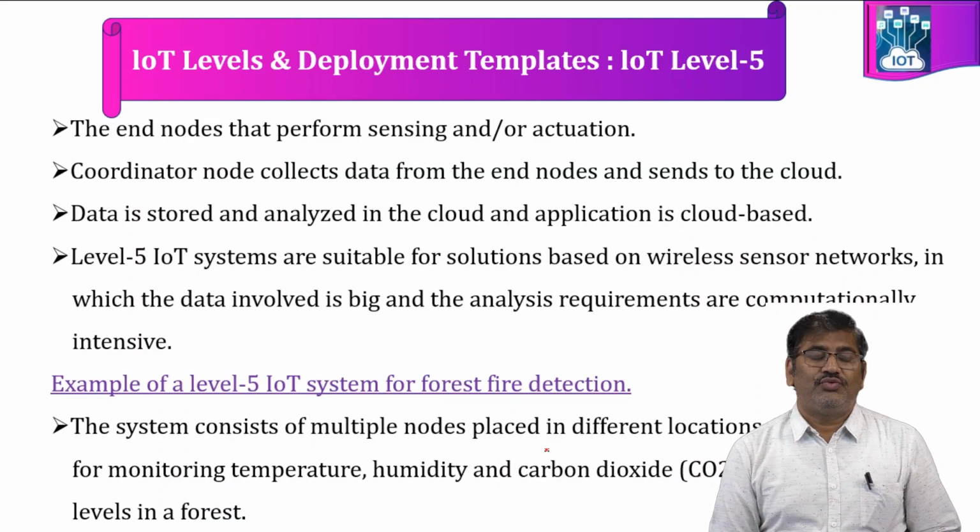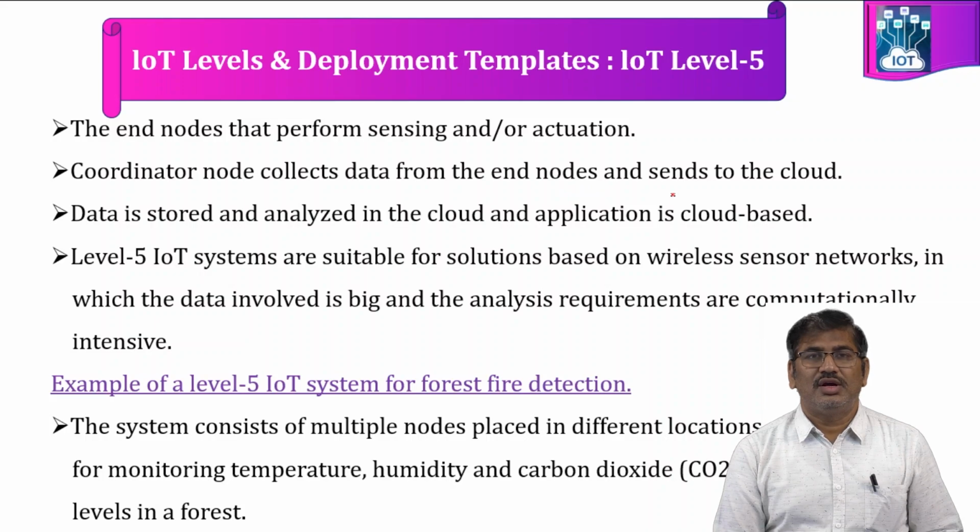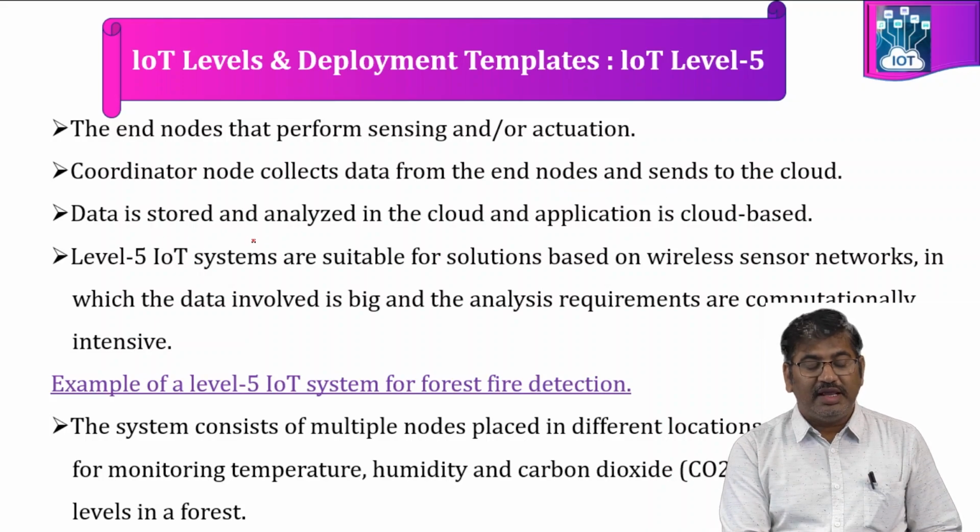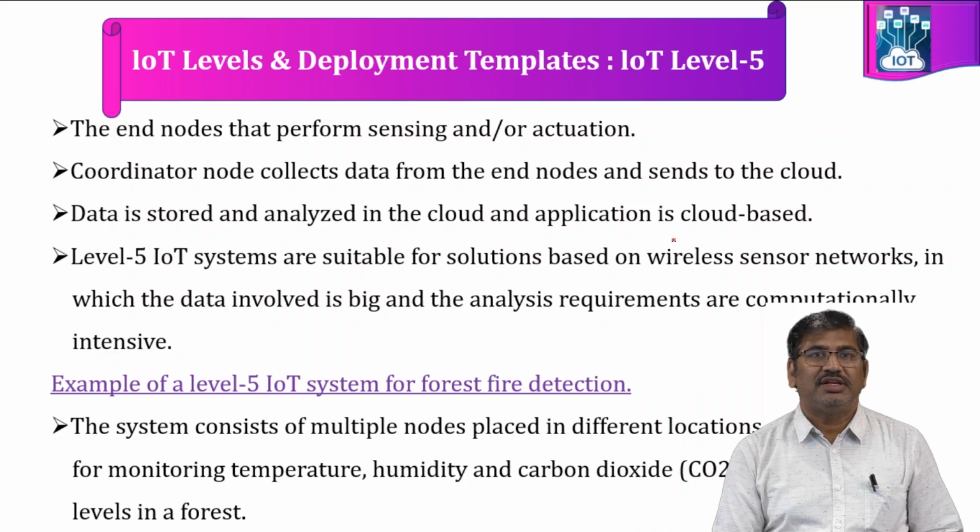The end nodes perform sensing and/or actuation. The coordinator node collects the data from the end nodes and sends it to the cloud. Data is stored and analyzed in the cloud, and the application here is cloud based.